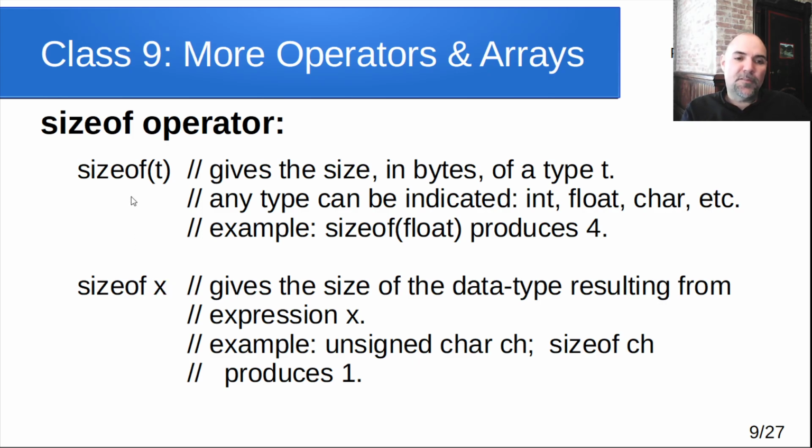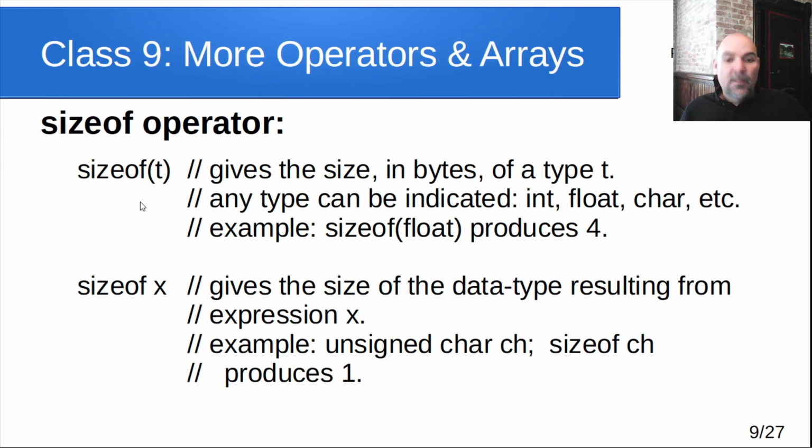You could also put parentheses around this and put a variable inside the parentheses, but the idea is that sizeof says how many bytes of memory, how many 8-bit blocks does this thing take up in memory. And since C is a kind of a systems programming language, an operating systems programming language, that can matter. How many bytes of storage is this thing taking? We need to know to allocate that amount to stick that in there, or we need to know we want to make a copy of this thing. How do we do that?